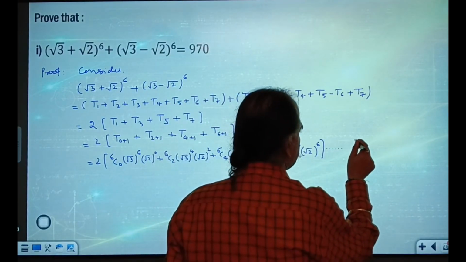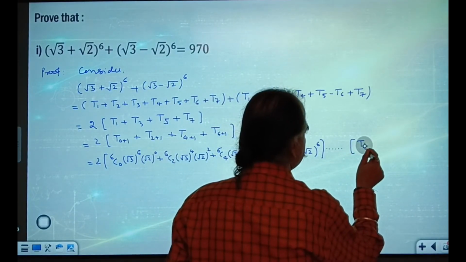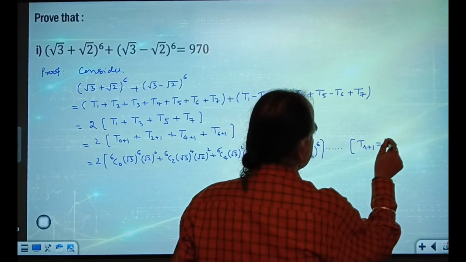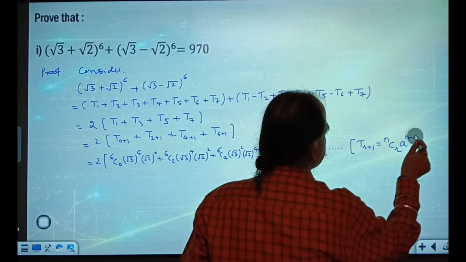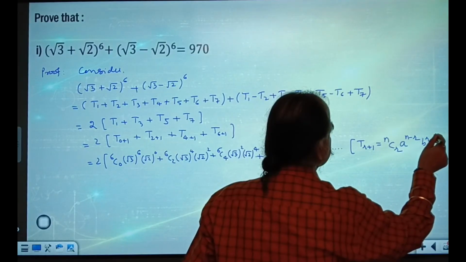We applied the formula T(R plus 1) is nCR A raised to n minus R B raised to R.